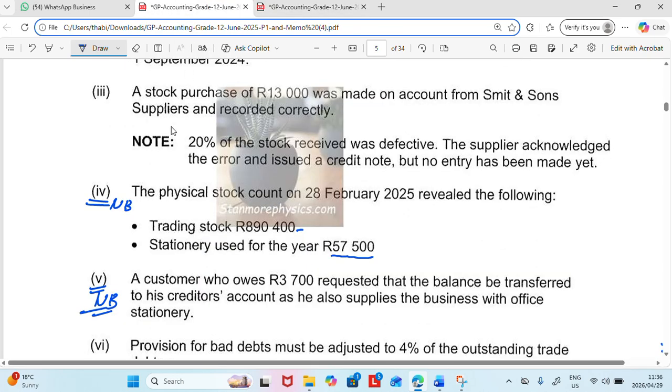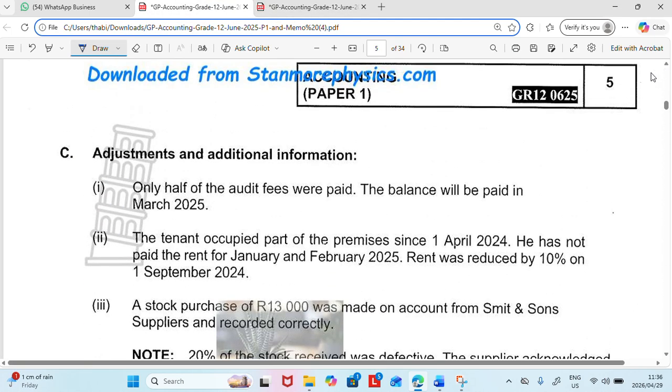But I also want you to have a look at the second adjustment, guys. We have income receivable. So we have the tenant occupied part of premises since 1st April 2024. Please pause the video again, guys, and read that adjustment carefully. This is rent income.